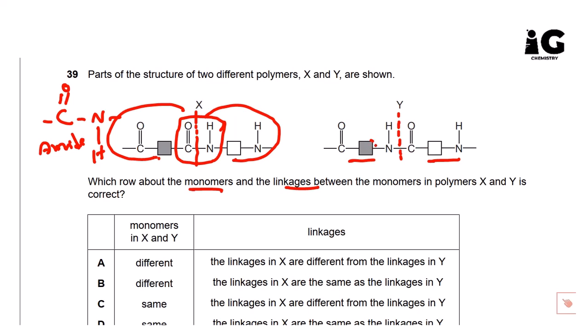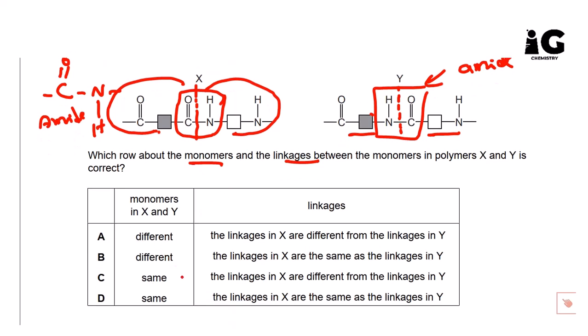So also here, this is not the same. And for the link, actually, this is the same link. This is also the amide link. Okay, so for the monomers, they are different. So A or B, and the link in X being different from the link in Y is not correct because both of them are amide. So we have the same. So we need to choose letter B as correct.